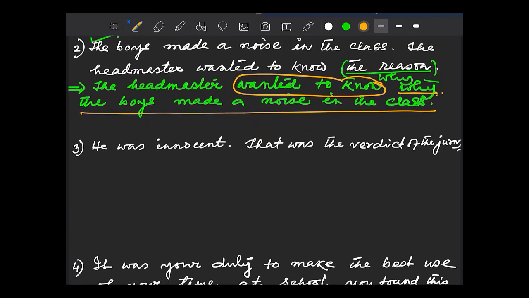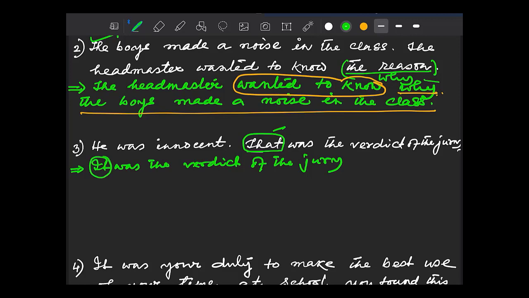Next one, he was innocent. That was the verdict of the jury. I told you, in this place use it. So write this: it was the verdict of the jury.